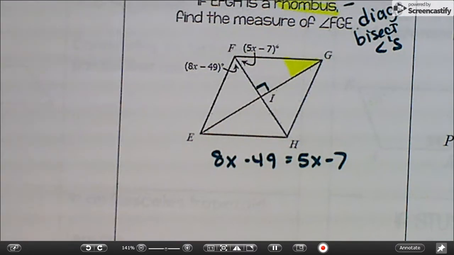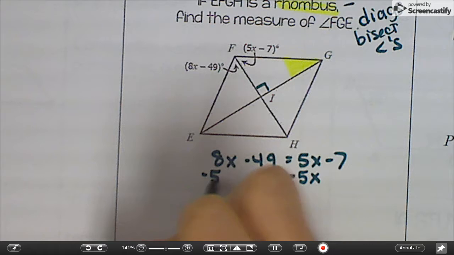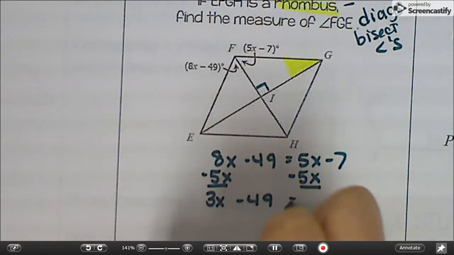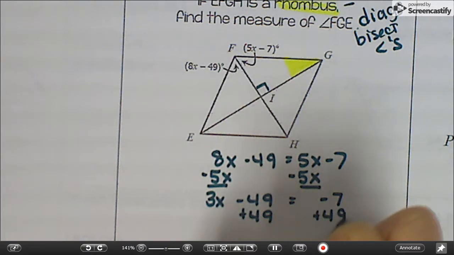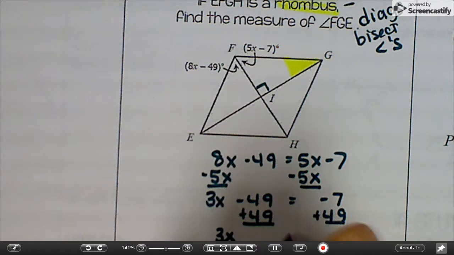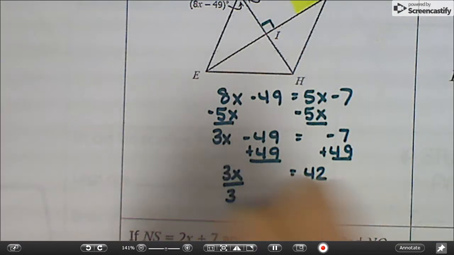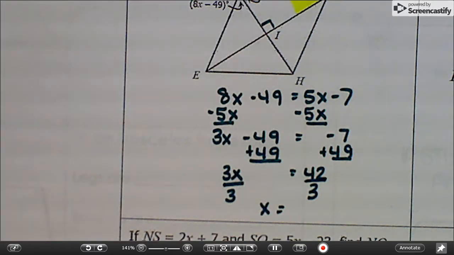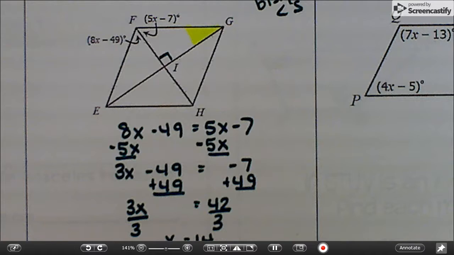And then you just solve that. So I'm going to do that quietly. All right, and you guys are all good at solving equations, so hopefully that was good.